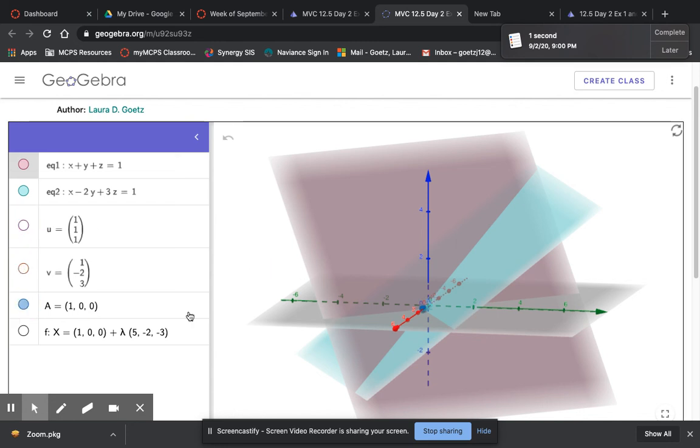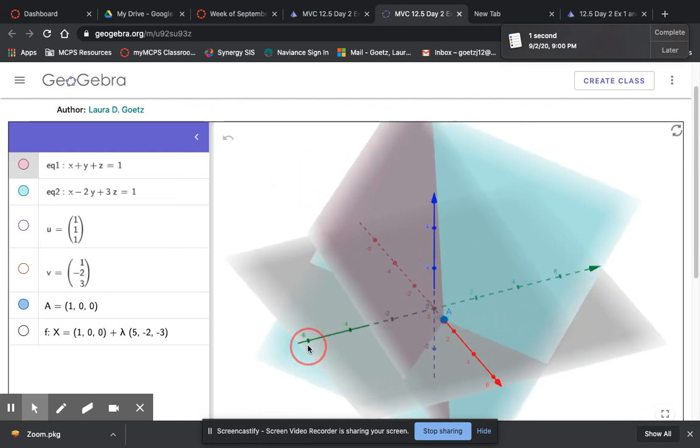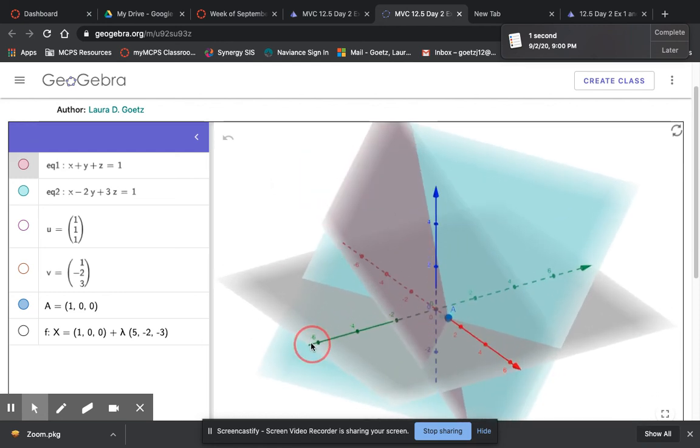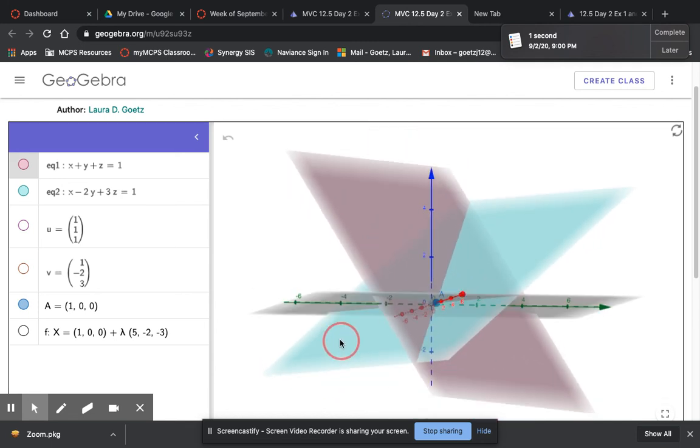Now, here's the point 1, 0, 0 that I found setting z equal to 0 and then solving that system. Can you see there? That's the point 1, 0, 0. And hopefully you can tell that that is on the line of the intersection of those two planes. So using that point 1, 0, 0, and then the cross product of the two normal vectors, look at what I got.